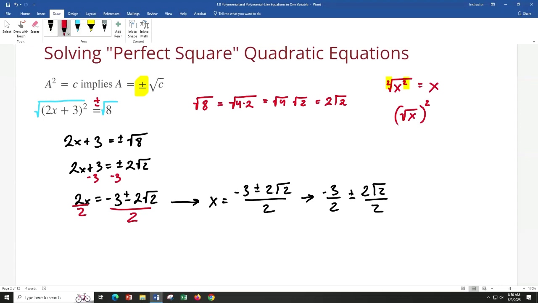And then look at that 2 right there. This right here, does that not just reduce out? And so my final answer here is going to be where x is equal to negative 3 over 2 plus or minus the square root 2. And that's your final answer.